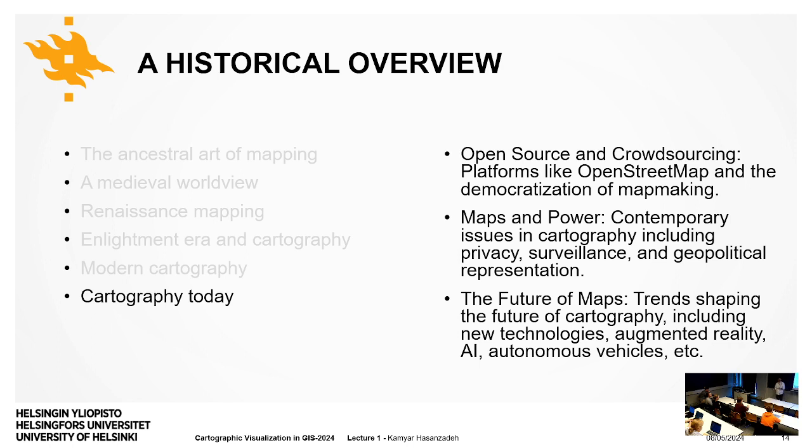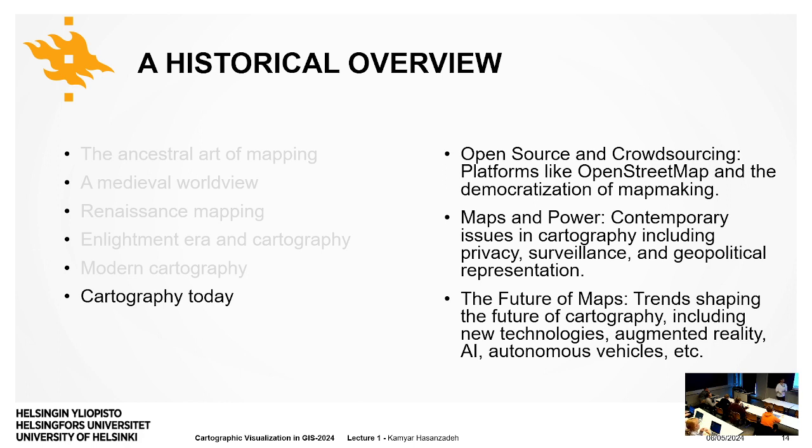Map making used to be something that only some elites had access to: a certain number of cartographers with access to information could make maps. But now it has been a bit democratized, and that's a huge change for cartography. And then maps and power is another relevant topic nowadays. There is a lot of talk about privacy, surveillance, and geopolitical representation of places. So these are some of the relevant topics in cartography.